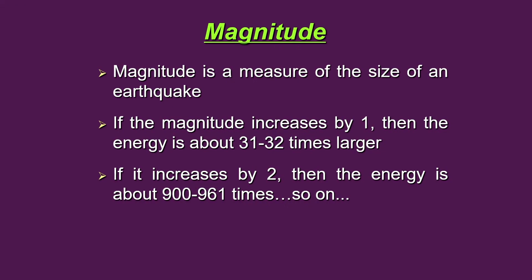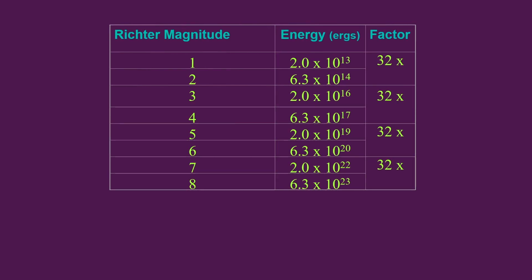If it increases by 2, then the energy which will be released will be around 900 to 960 times more. So, if you compare the magnitude and the amount of energy released by those magnitudes given here, it is a multiplication factor of almost 32.